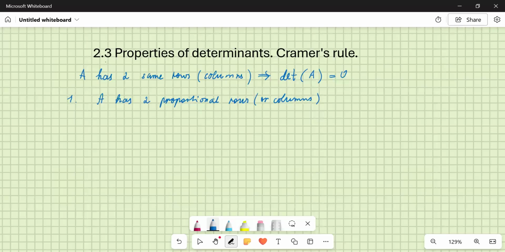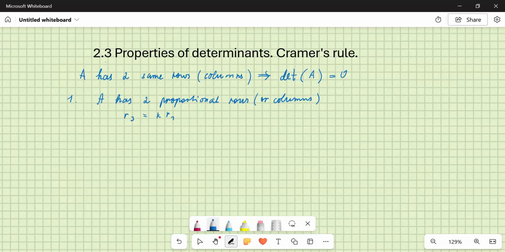Well, by proportional, I mean, for example, row number 3 is equal to some number k times row number 1. So, proportional. What is going to happen?